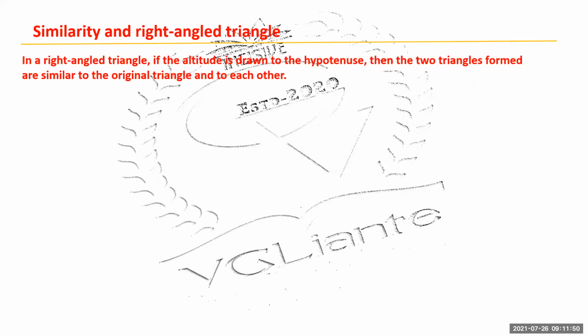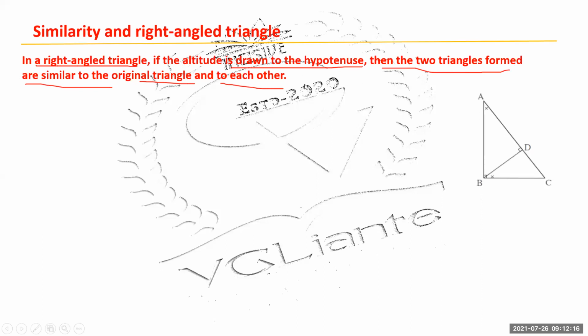Understand the statement. What is the statement? In a right angle triangle, if the altitude is drawn to the hypotenuse, then the two triangles formed are similar to the original triangle and to each other.